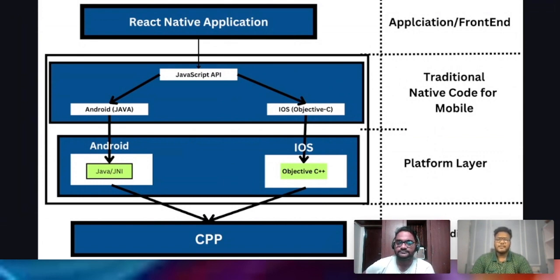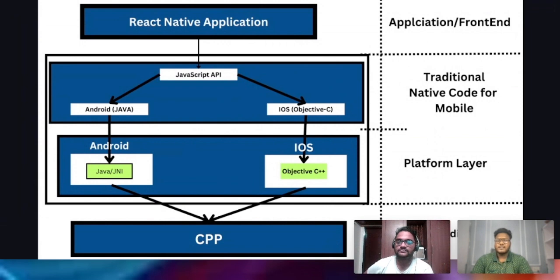In the first box, if you observe the JavaScript API, the Android Java and the iOS Objective C, any traditional Android or iOS app needs to be built with Java or Kotlin, or Objective C and Swift. If a developer wants to add C++ support to the mobiles, then we have to introduce another layer.